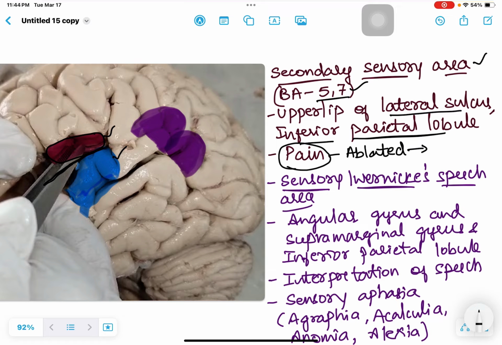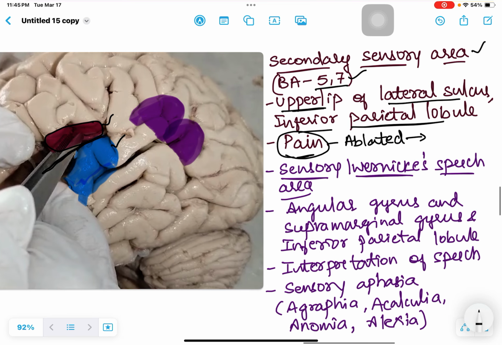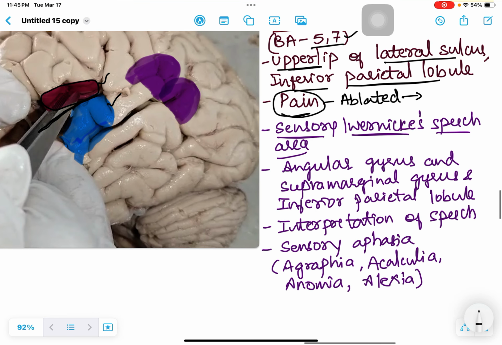To relieve him from severe pain, you can ablate the secondary sensory area. So this secondary sensory area, located on the upper lip of the lateral sulcus in the inferior parietal lobule, is responsible for pain. Then comes the secondary sensory speech area, or Wernicke speech area.